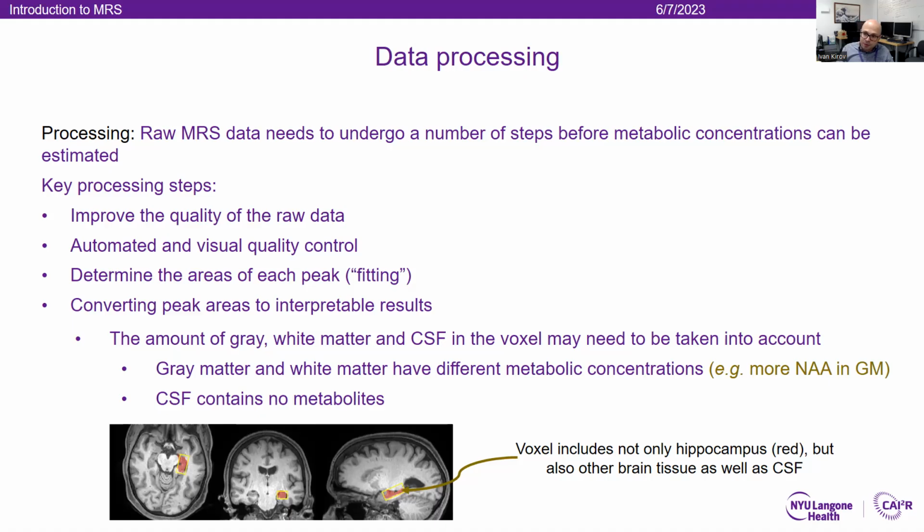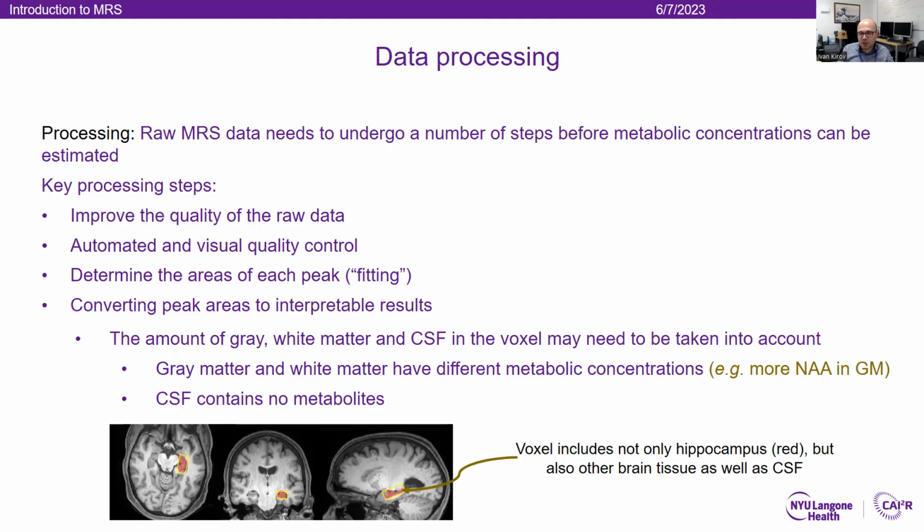The comparison will not be fair also if you have different amounts of CSF between voxels, because CSF contains no metabolites. So if you have two voxels, one has more CSF than the other, but you're getting the same amount of NAA from both, that would mean that the voxel with more CSF actually has a higher concentration of NAA.